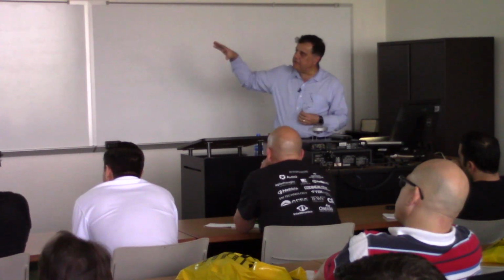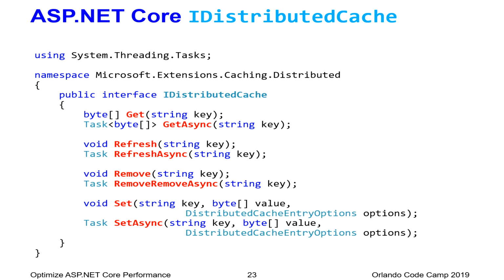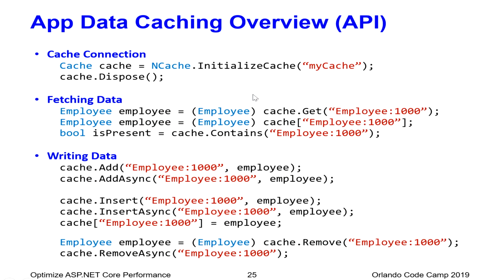So if you want to benefit from all those features, then you've got to go into the API that supports all of those. And because you're going to be committing to an open source cache, it's usually easier to do that. The application data caching API is very straightforward. There's a key and there's a value. The value is your object.